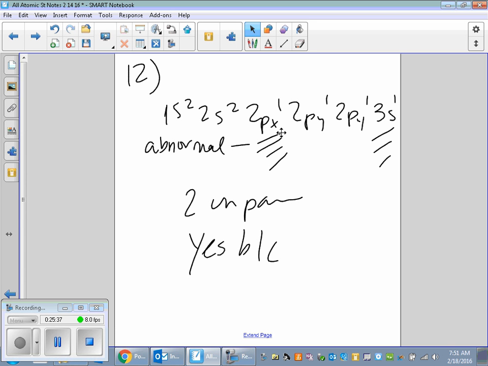The D ones have two here, so it's X and Y, and then Y and Z, and then X and Z, and then there's a donut one. This is how it looks. They look just like flowers.